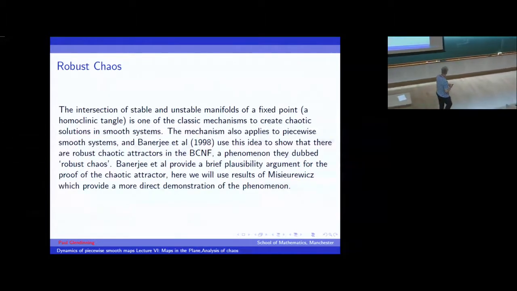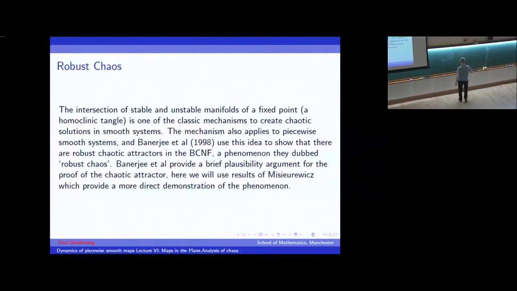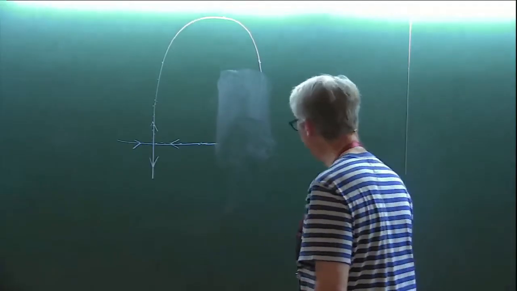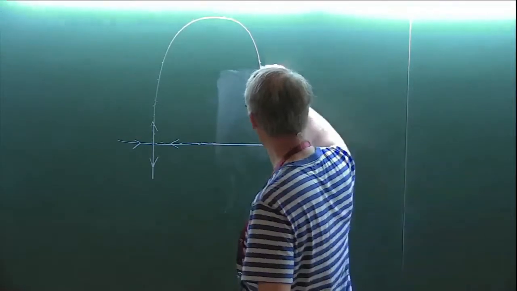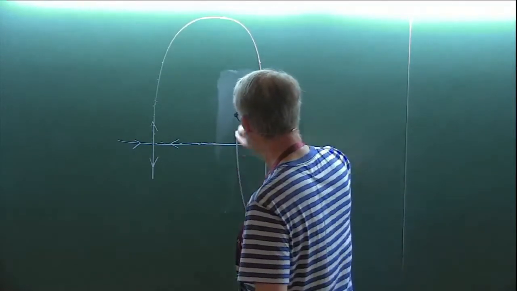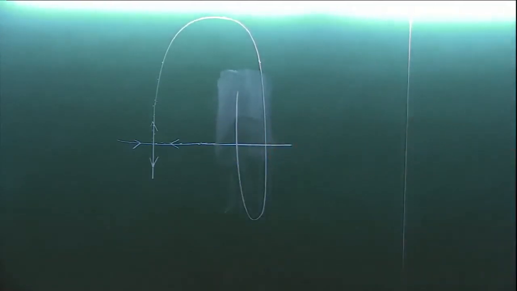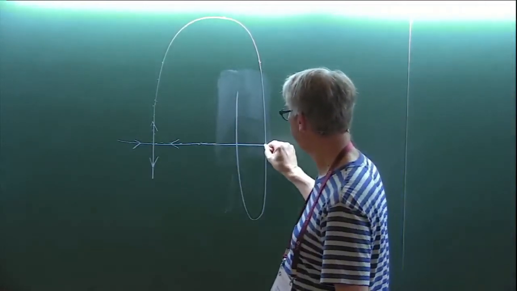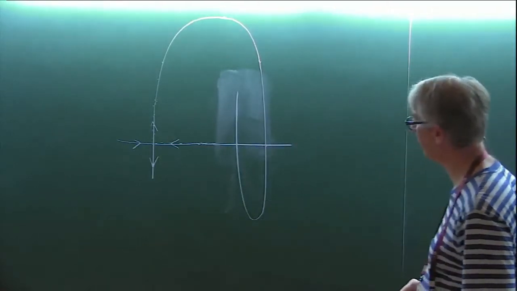But if we just take this picture and take the transverse case, it's the principle that nothing is new. Suppose that I have that situation, a transverse intersection of the stable and unstable manifolds.